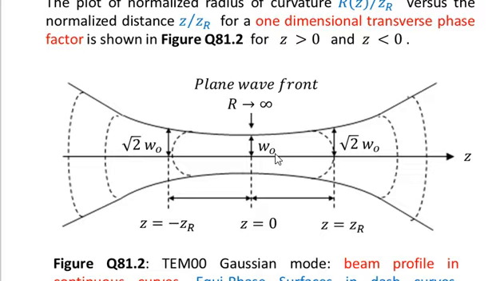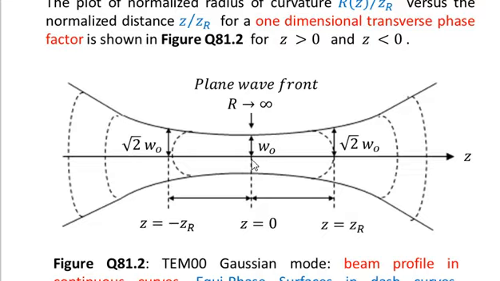And you know that W naught was obtained when we wanted to have a plane wave at Z equal to 0, and for the plane wave we set R goes to infinity in one of our equations, probably equation number 4, and then we obtained this relationship. So this dotted line at Z equal to 0 actually represents a plane wavefront.